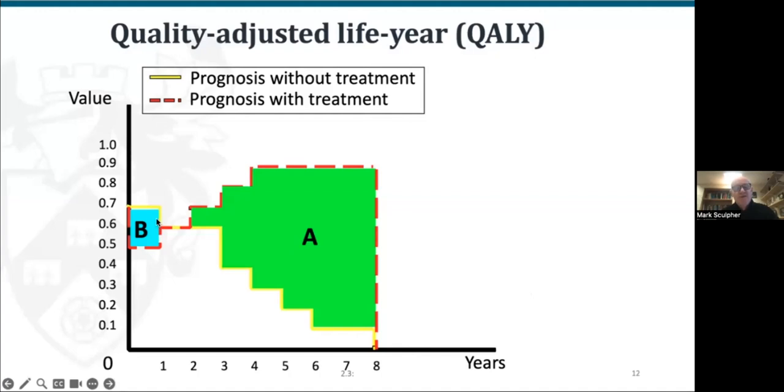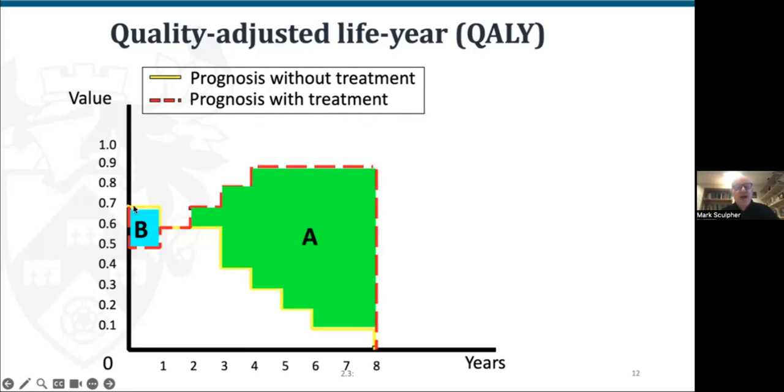However, once patients recover from the side effects of treatment, they get a big gain in quality of life as a result of treatment. So in thinking about this measure, the QALY, the quality adjusted life year, all we're doing is we are quality adjusting periods of time.